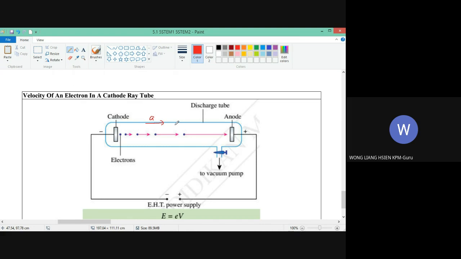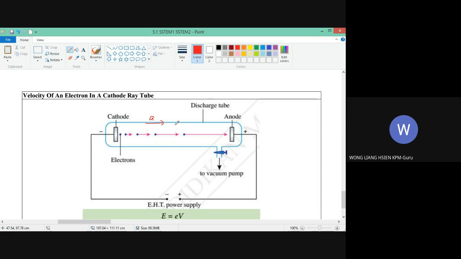That means the velocity of the electron at the cathode is 0 meters per second, and then as the cathode repels and the anode attracts, the electron accelerates, getting faster and faster, and achieves the maximum velocity when the electron reaches the anode.